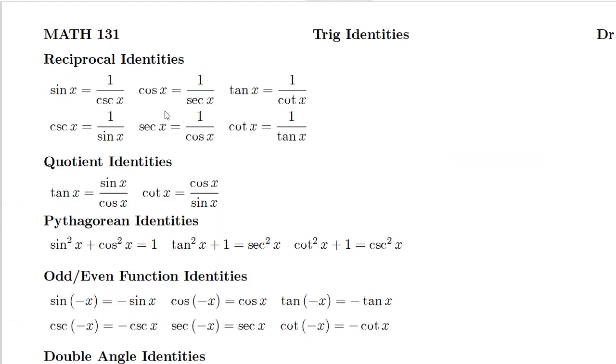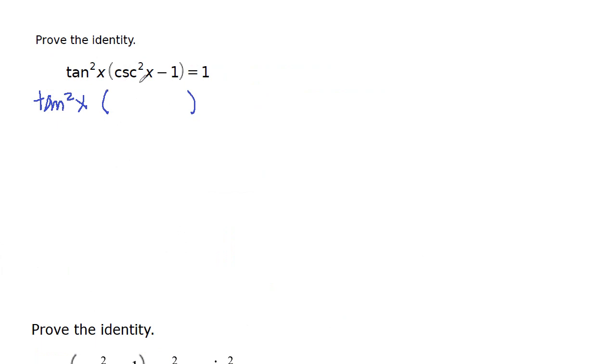So let's go to our identities. Cosecant squared is cotan squared plus 1. Take this 1 and bring it over as a negative. So cosecant squared minus 1 is cotangent squared. So cosecant squared minus 1 right there is cotangent squared.